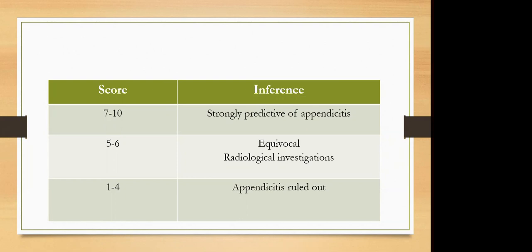If the patient has a score of 5 to 6, that's where they need radiological investigation. The radiological investigation can be ultrasound, CT, or MRI. In this case, I will concentrate on ultrasound. And if a patient has a score of 1 to 4, that means appendicitis is ruled out. So they rule out appendicitis and look for other things which may cause the patient's pain.